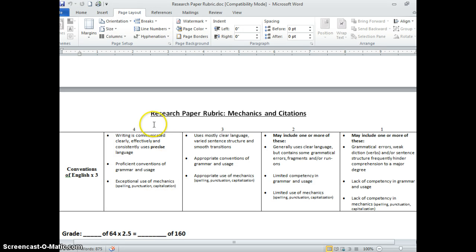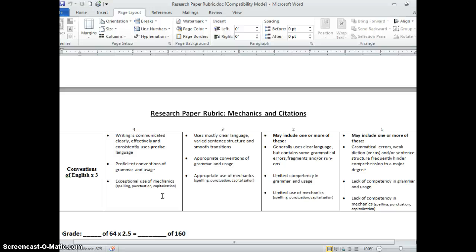Okay, because again, especially the language and sentence beginnings, the syntax, we've really looked at this throughout the whole year, and it's my hope, and perhaps yours as well, that this paper can be a showcase for all the skills that you've picked up this year.